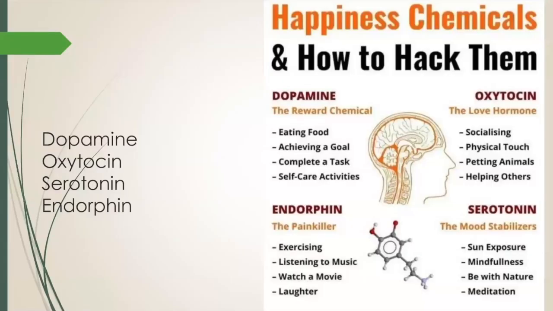All right, so this is DOSE, as I had previously mentioned. The acronym stands for dopamine, oxytocin, serotonin, and endorphin. This is just a different way of seeing the different self-care needs through the various happiness chemicals.